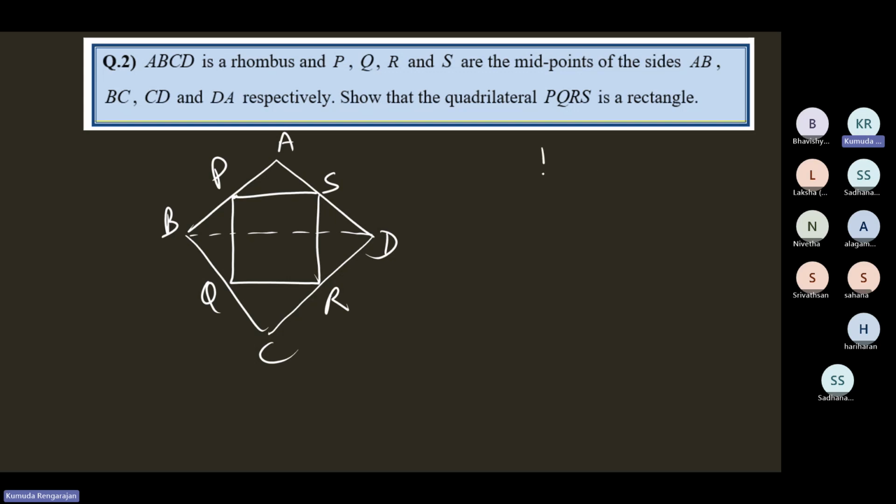The first part is to prove that PQRS is a parallelogram. That remains the same. After that, what you can do is join the diagonal AC. Now show that this one is a parallelogram.